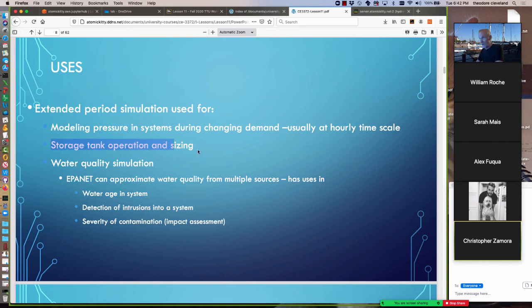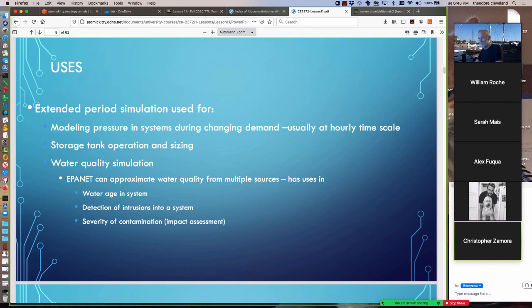That's one of its primarily important uses. So we had another methodology for figuring out how big to make a storage tank for flow equalization. Once we size that tank by the prior method and put a replica of it into our computer program, this tool will allow us to ask the question, did I size it adequately enough for this network in that the tank never goes dry and the tank doesn't overflow?